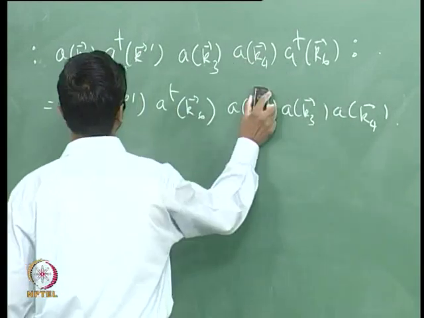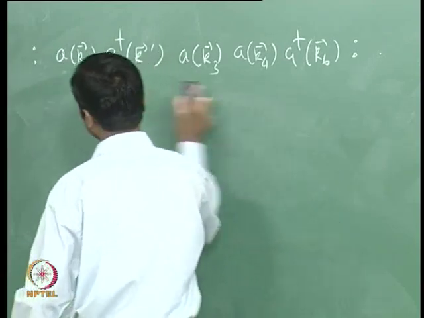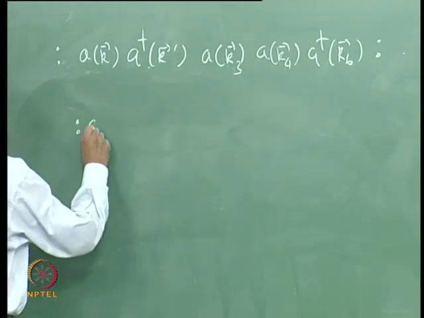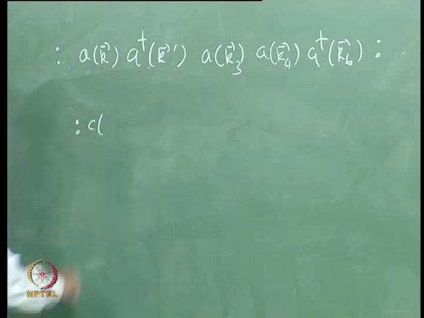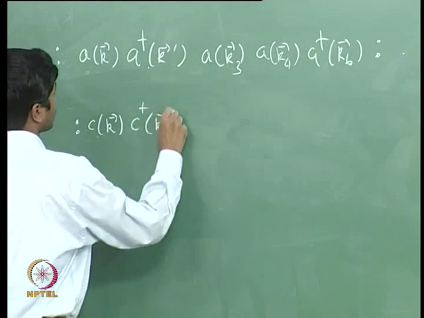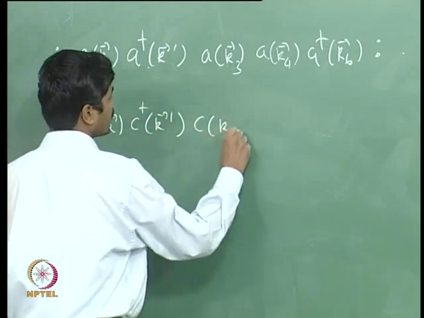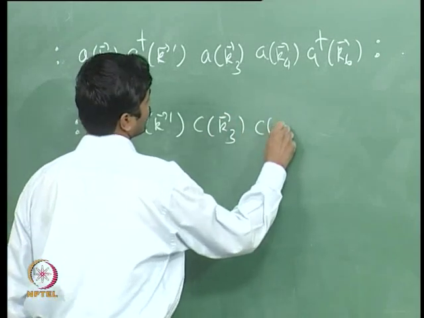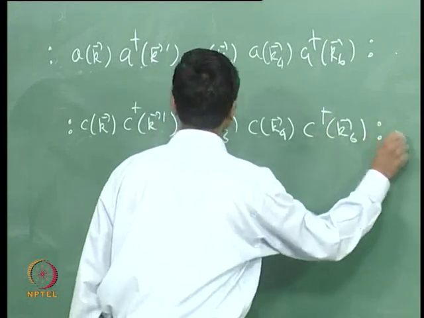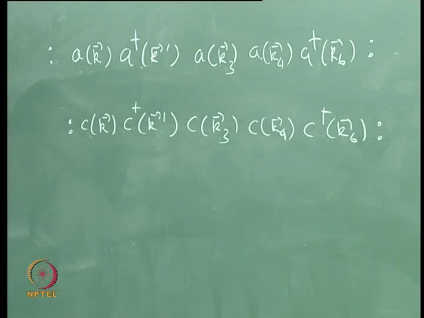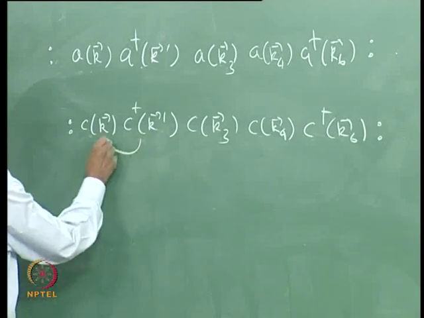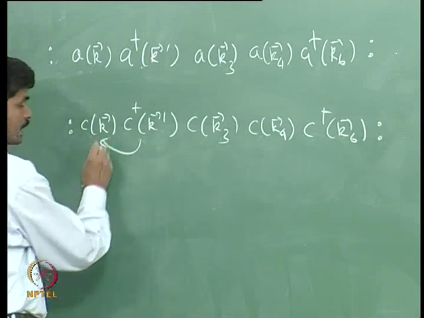So a similar relation for the fermionic operator will have this. I am suppressing the spin indices: C of k, C dagger of k prime, C of k3, C of k4, C dagger of k6. Let us say you have normal ordering of these operators, then you see here this operator will have to cross once, therefore it will change the sign.